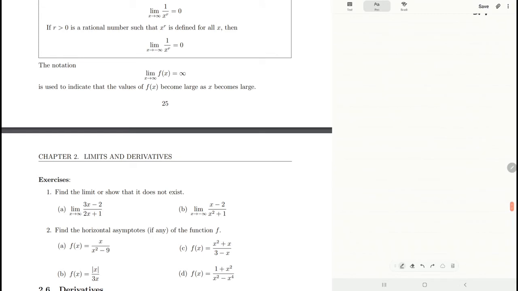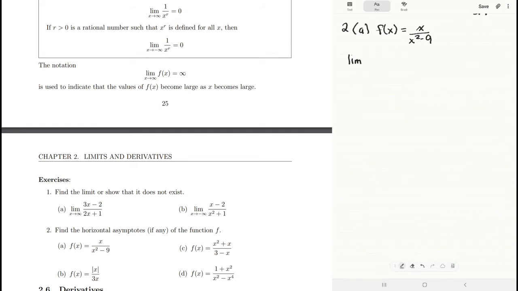So now let's have a look at the second exercise. Let's find the horizontal asymptotes for the given function. So for the first example, we have x over x squared minus 9. So let's determine if this function has any horizontal asymptotes by using limits. So here we want to check the limit as x approaches infinity and as x approaches negative infinity.